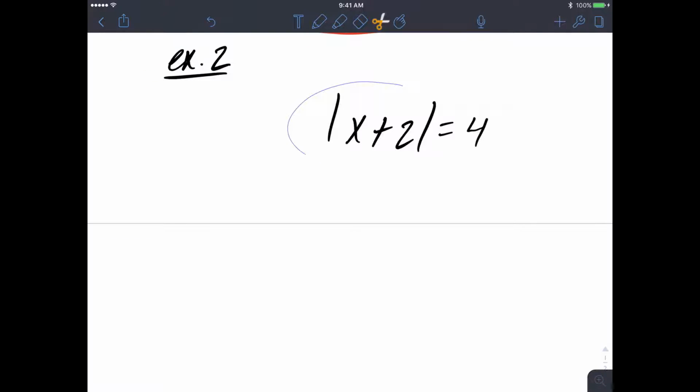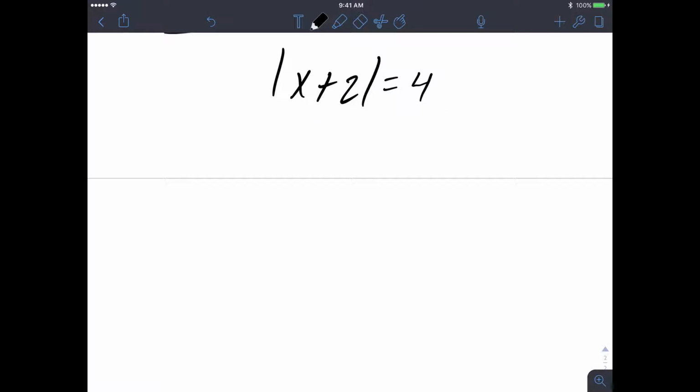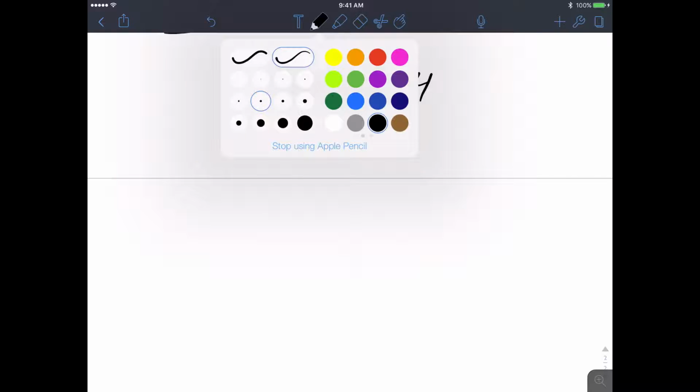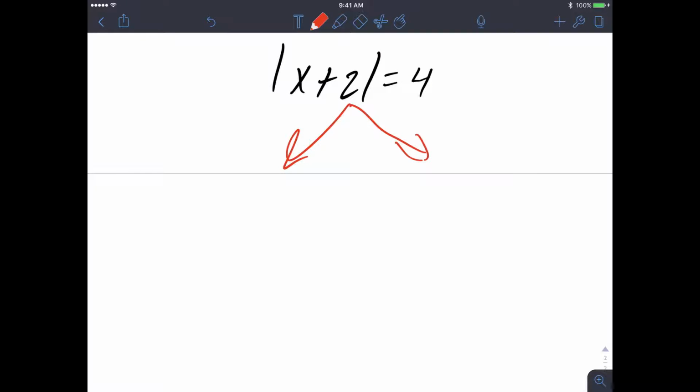This is going to break up into two problems: x plus 2 equals 4 and x plus 2 equals -4.